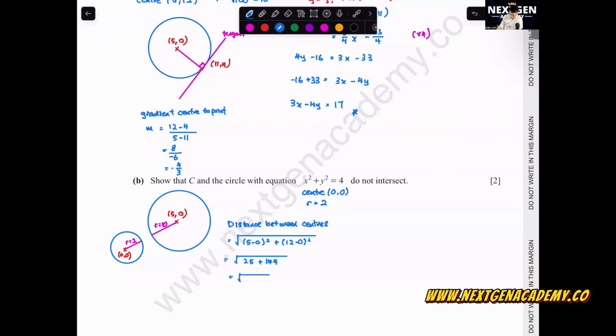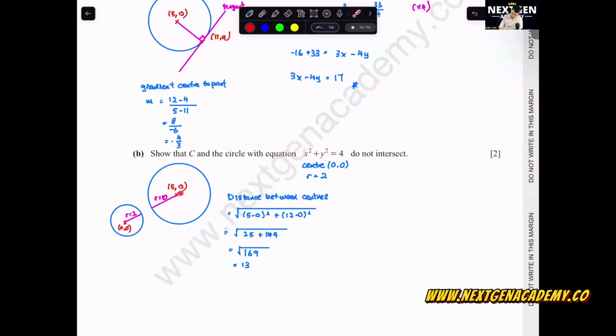This one we will get 169, which equals 13. So between here and here, the length is 13. Now, the sum of the radii is 10 plus 2, 12 only.